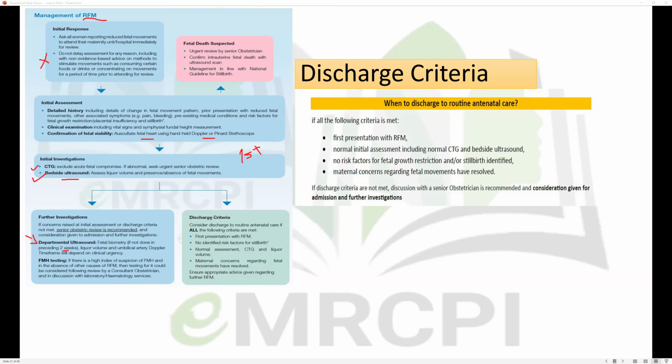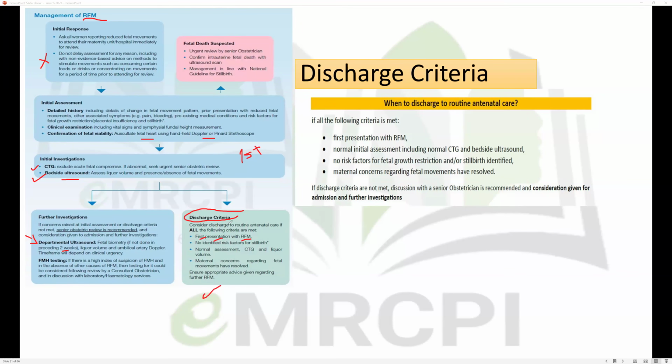Discharge criteria: consider discharge to routine antenatal care if all of the following criteria are met. Okay. First, presentation with reduced fetal movement, no identified risk factor for stillbirth, normal assessment, CTG and liquor volume, maternal concern regarding fetal movement has resolved, and ensure appropriate advice is given regarding further reduced fetal movement.